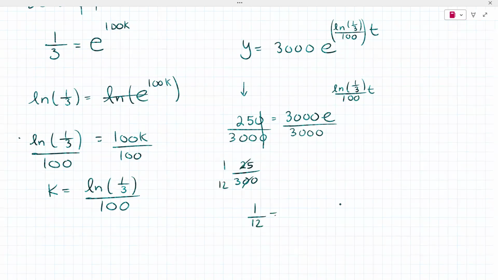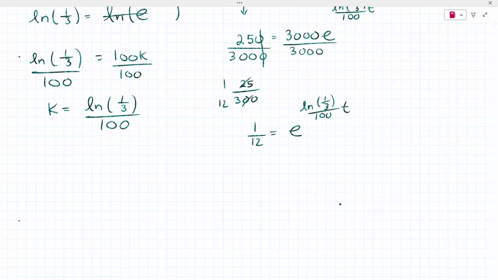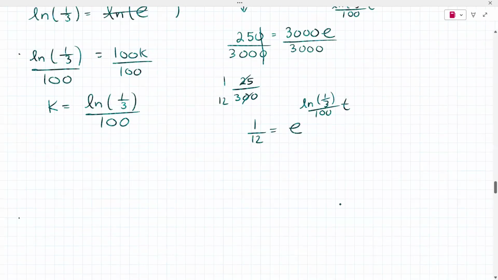1/12 equals e to the ln of 1/3 over 100 times T. Now, how do you solve for T? Well, there's an e, so there's a good chance you're going to have to take the ln on both sides, so go ahead.